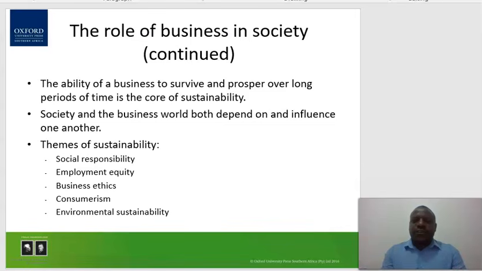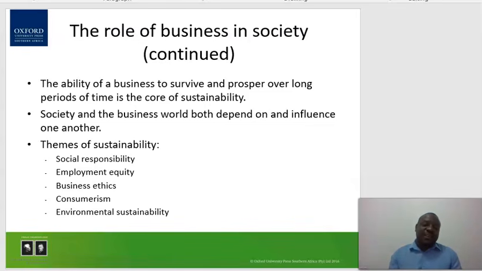Whilst continuing with the role of business in society, it's important also to mention that the ability of a business to survive and prosper over long-term periods of time is the core of sustainability. Society and business both depend on and influence one another.